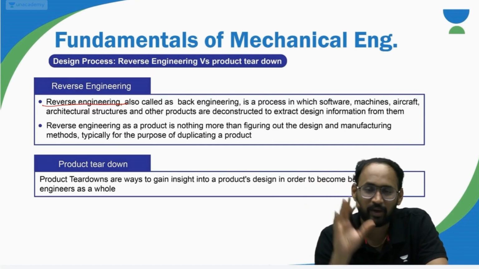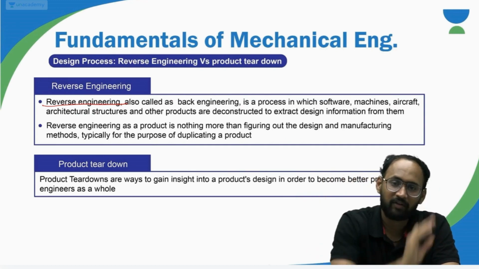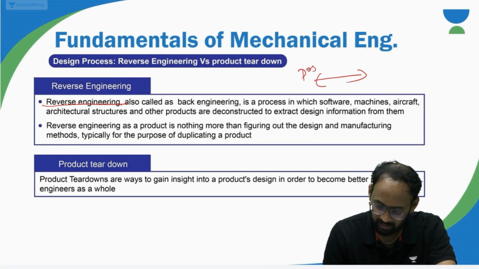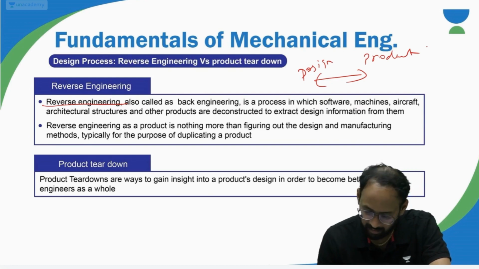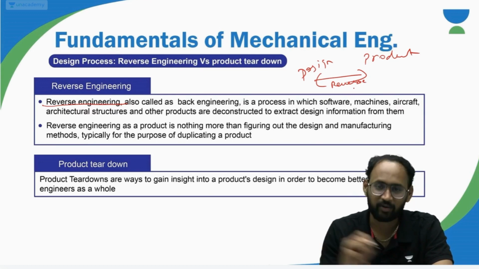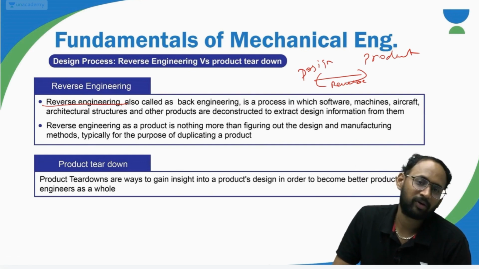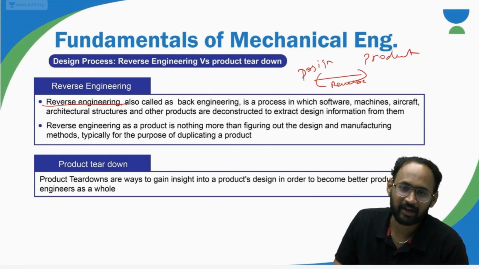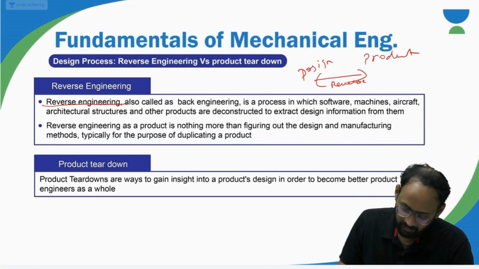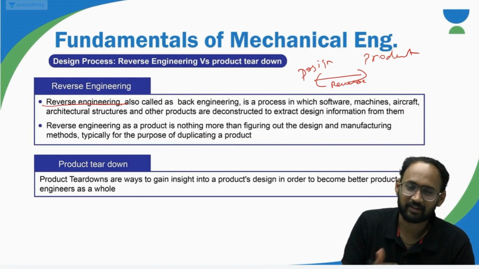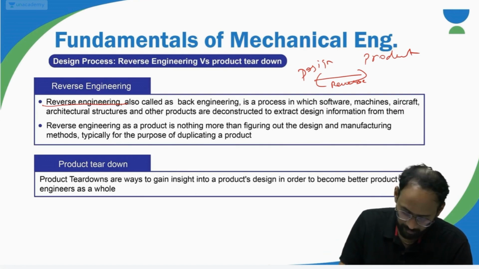In a normal product life cycle, you have design and then you have product, but in reverse engineering, you go from a product to design. An end product may also be design drawings or CAD drawings. The intention is to duplicate the product, or to do some engineering and try to improve the functionality, and so on.